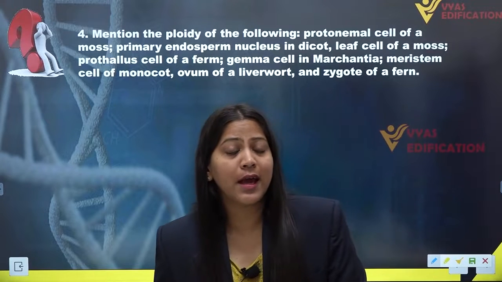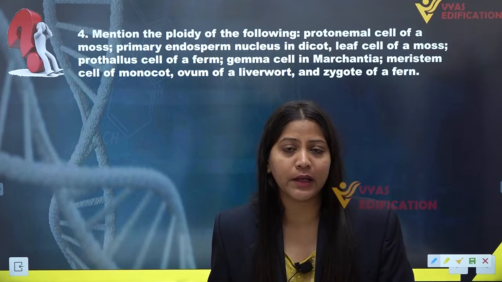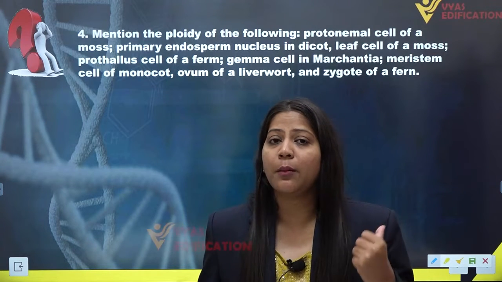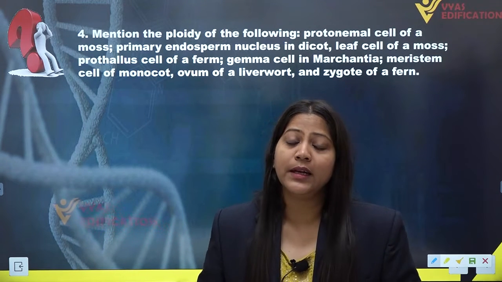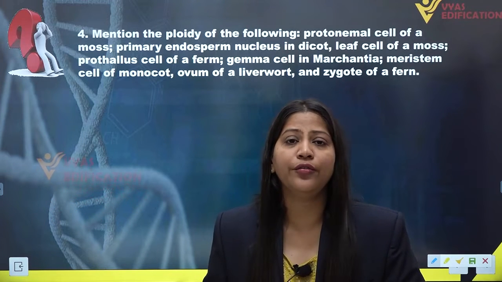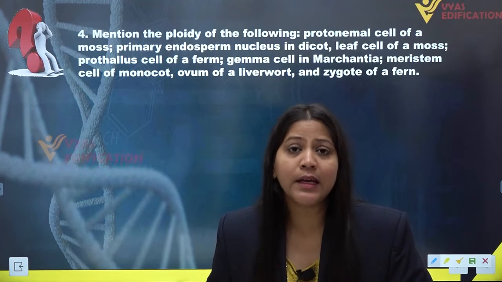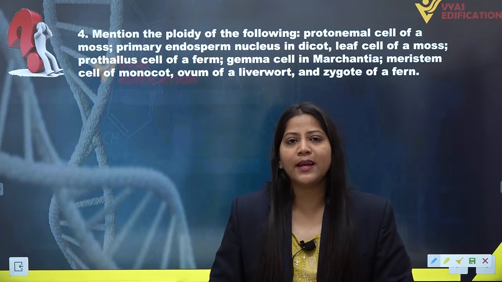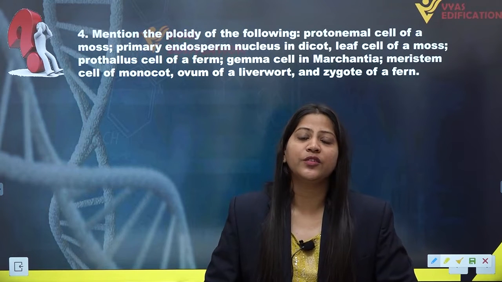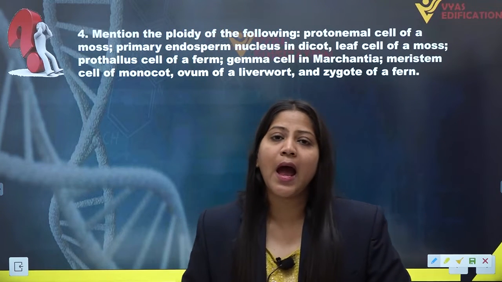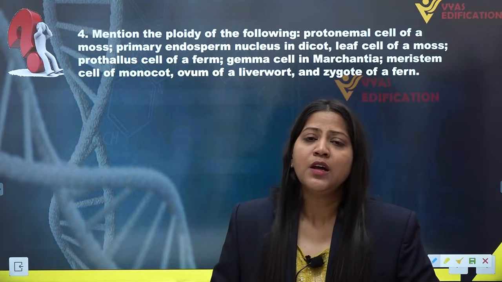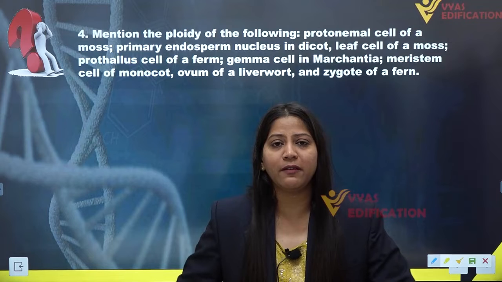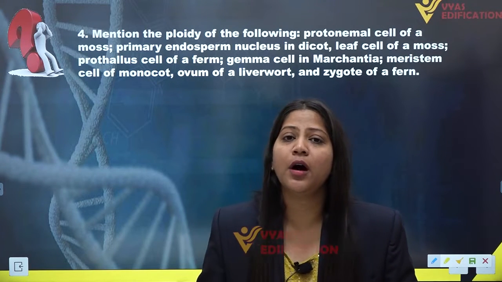In bryophytes, the main plant body, the dominant phase, is the gametophyte. The protonemal cell is the earliest stage of development of the gametophyte in mosses. It is a thread-like chain, green and filamentous, and is a gametophyte.